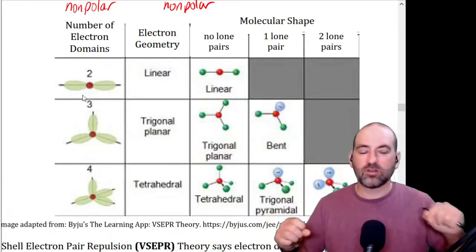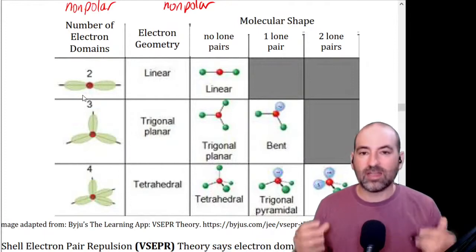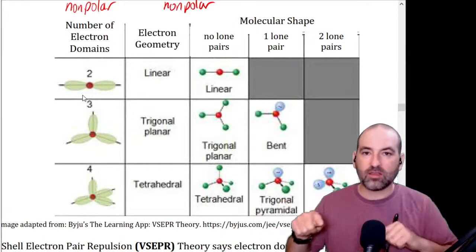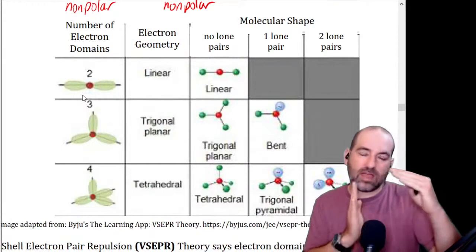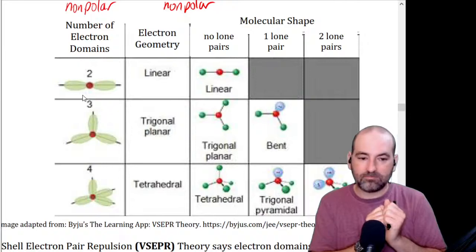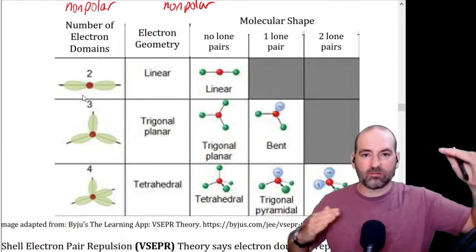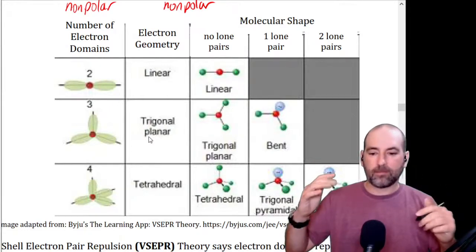And that puts them at 120-degree angles, and that spreads them furthest apart. So it's not a T-shape like we've been drawing. It's more like a triangle, because a T-shape, you'd have 2 of those at 90-degree angles, which would not be as far apart. So if we make a triangle shape, what we call trigonal planar, they can be further apart.